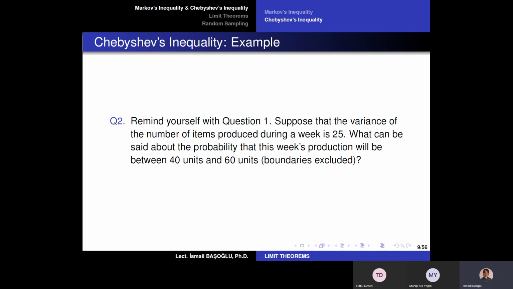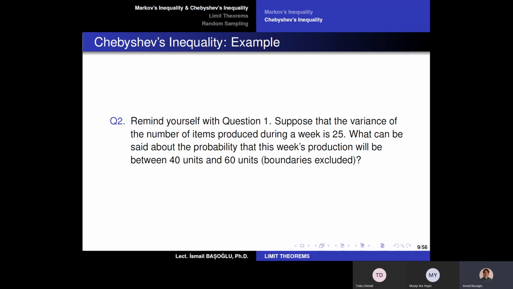What we only know is that the manufactured quantity can only be a non-negative random variable. This time it says, suppose that the variance of the number of items produced during a week is 25.